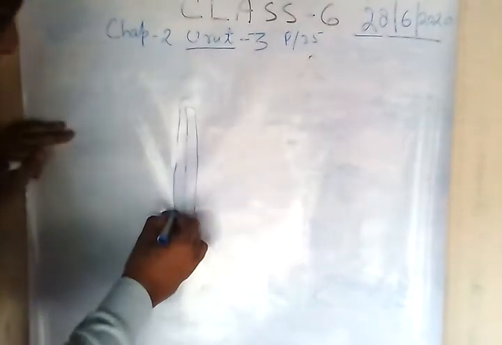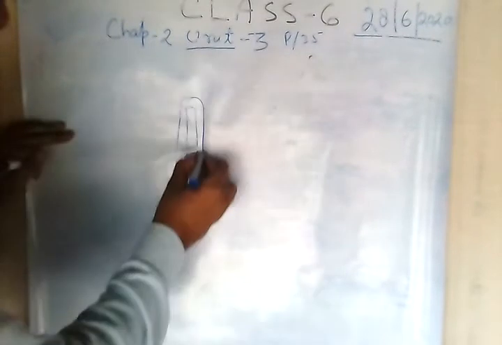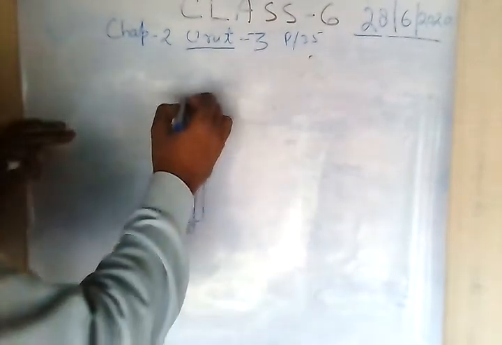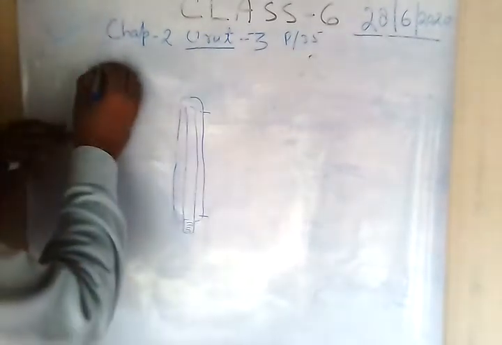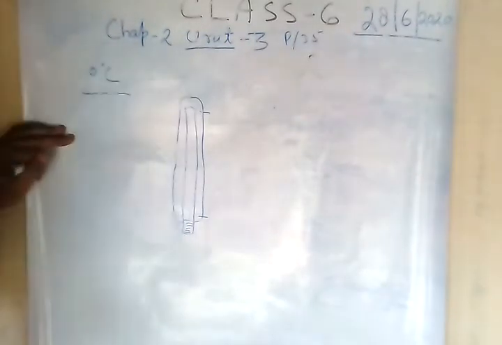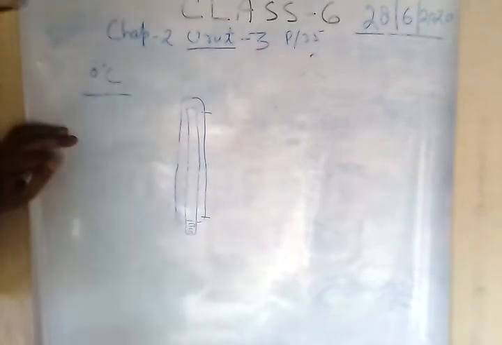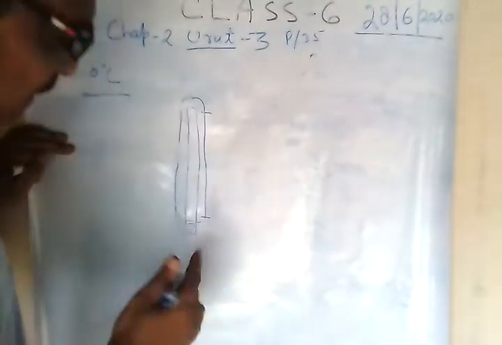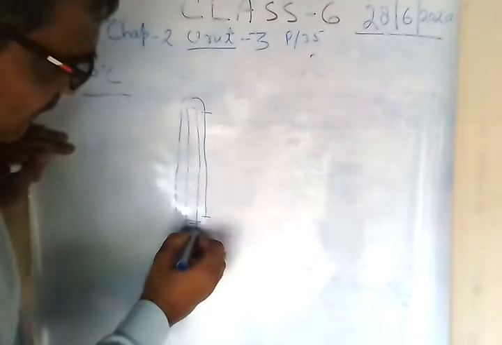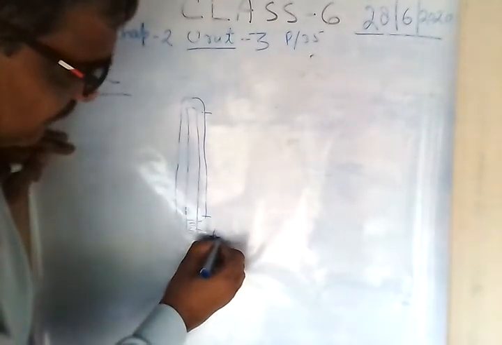This is the stem of the thermometer, and here is the degree Celsius scale. See this scale, the degree Celsius scale. Here is the bulb.